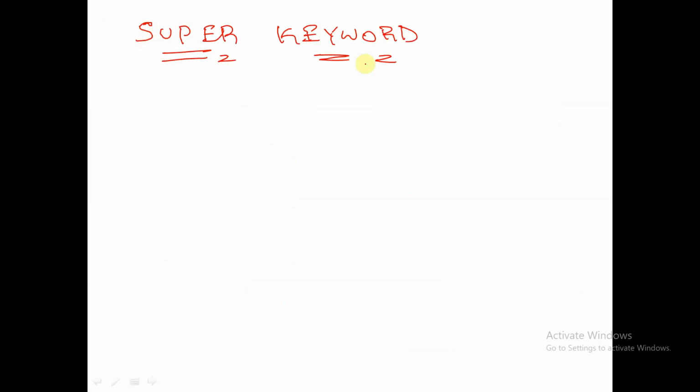Let's discuss the super keyword. So basically, if we have two classes, one is parent class and another is child class.